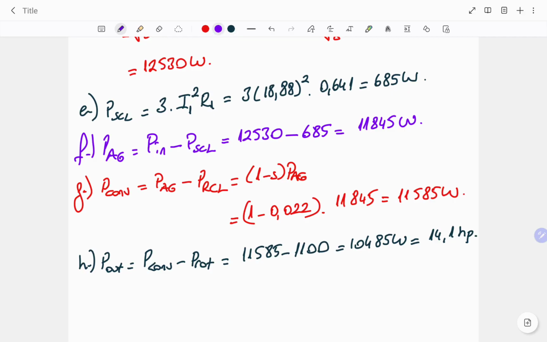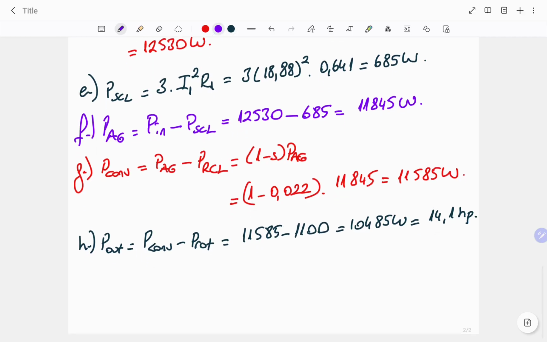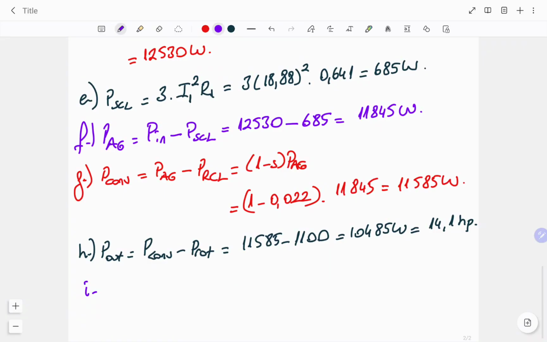What else? The torques can be calculated. For example, the induced torque, which is related to the converted power. So converted power over Wm can be used for the induced torque calculation. Or let's use another relation between the parameters.